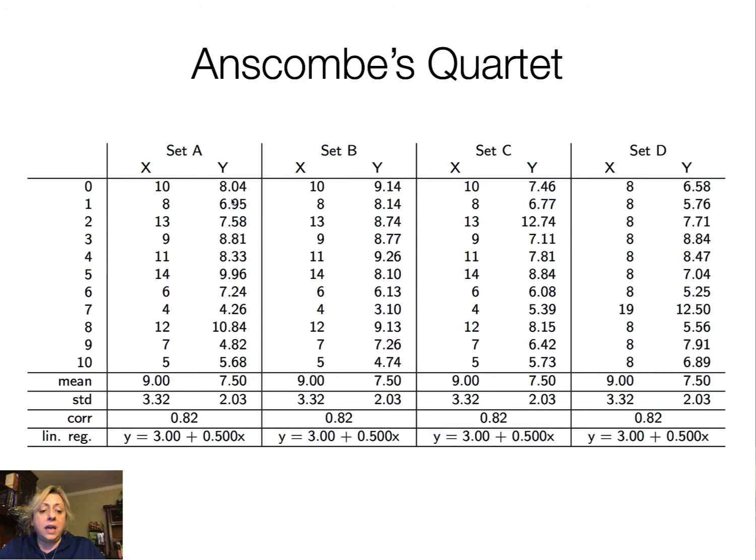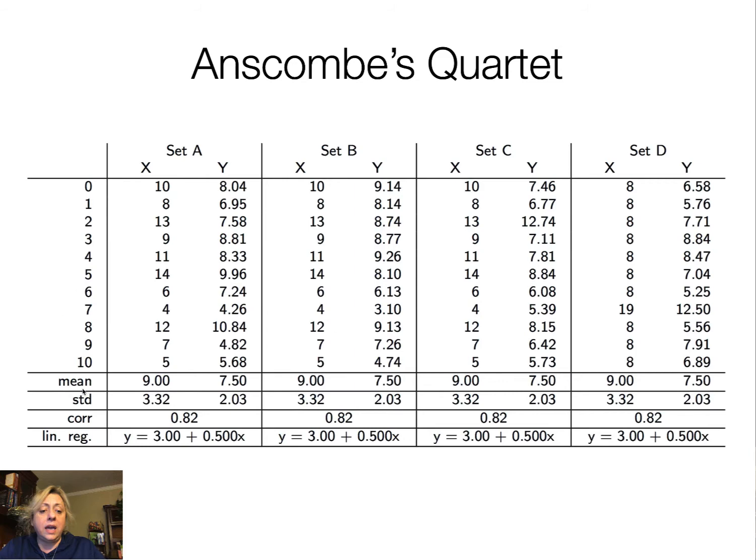And when you look at the values of x and y in those data sets, you see they vary completely. You will never guess that there is some type of commonality or differences between this data until you do the math.